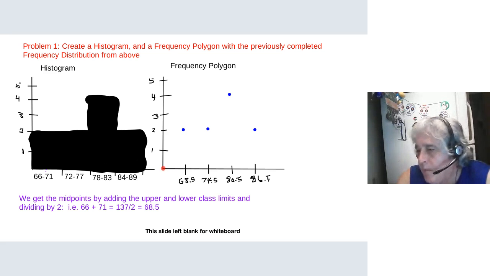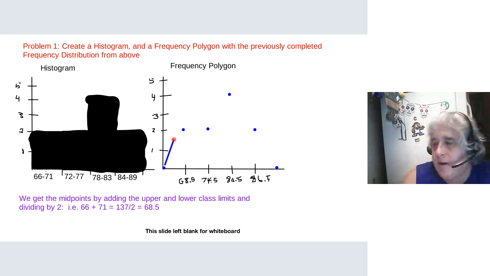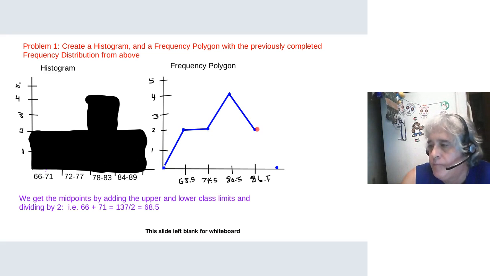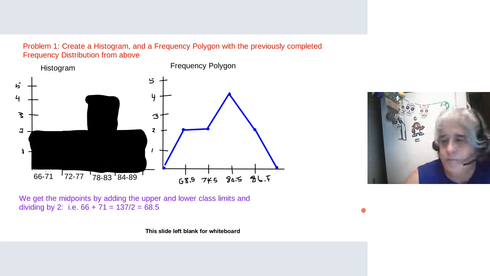And then we go down here and here to the end. So this is how we make it. Yes, it's essentially just to connect the dots. So there we go, that's what we call a frequency polygon.